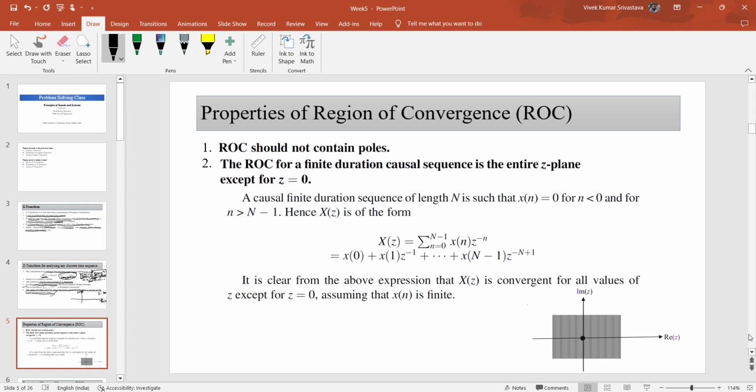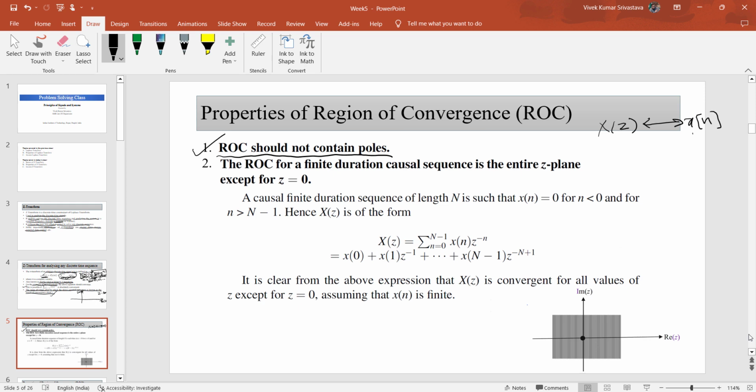Here we will see the various properties of the region of convergence and try to understand what the region of convergence is. The first property is that the region of convergence should not contain any poles. Suppose we are evaluating the z transform of a sequence x of n.